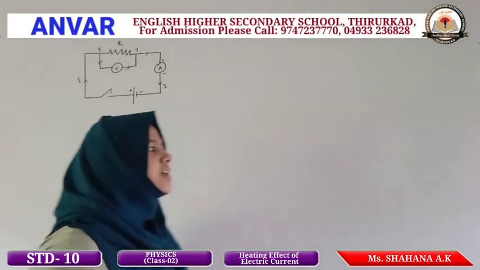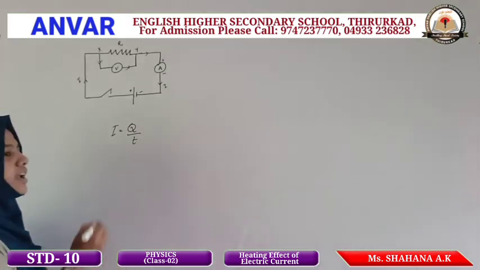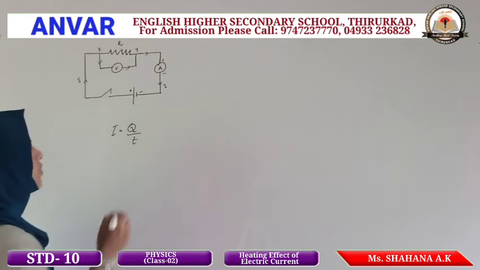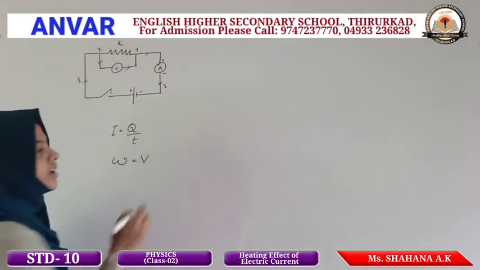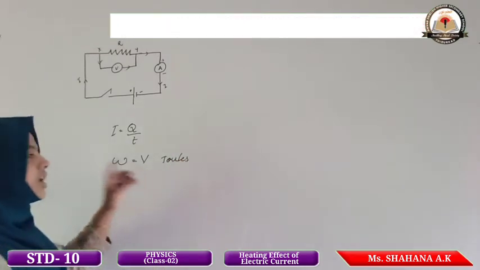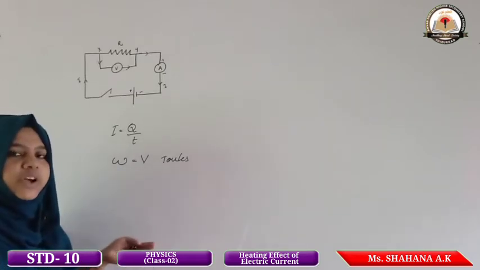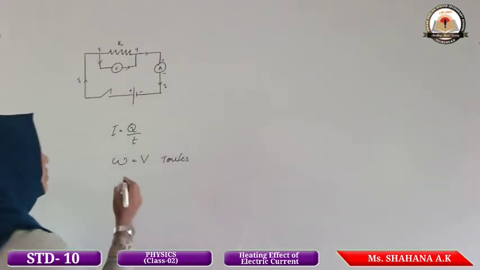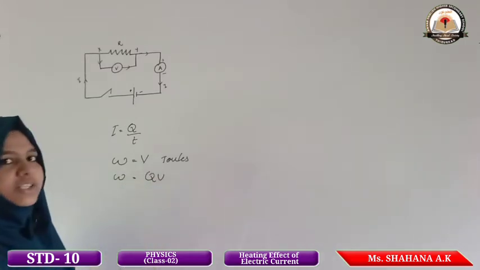So the work done to move 1 coulomb of charge when the voltage is 1 volt is W equal to V joules. This much work we have to do. Then when we want to move Q charge, the work becomes W is equal to Q into V joules.